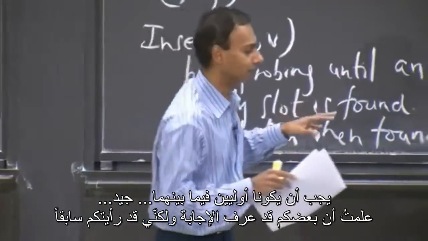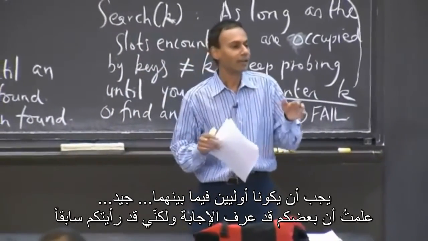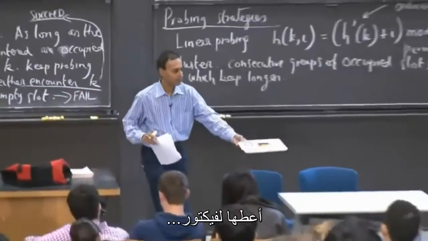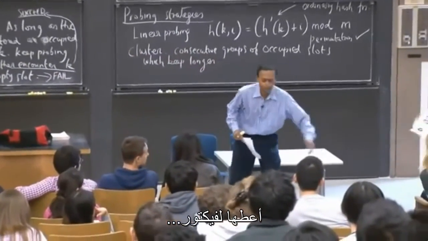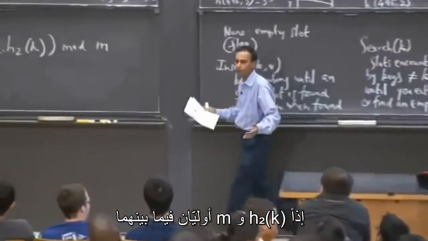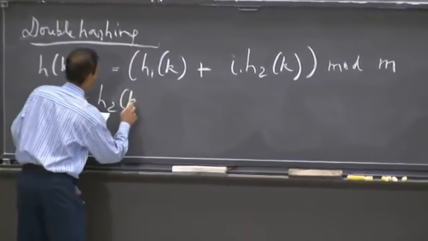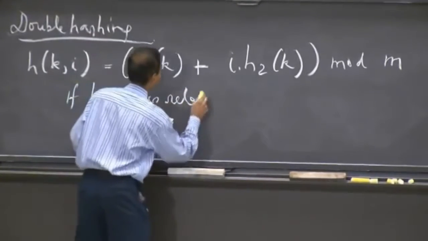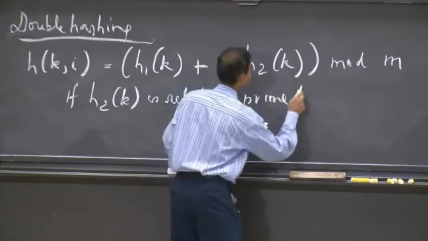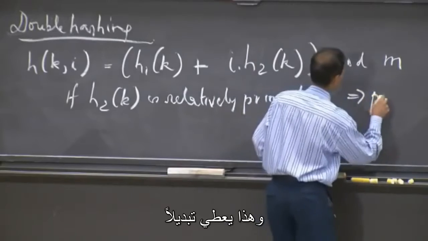Relatively prime. Okay, good. You're exactly right. Relatively prime. So h2(k) and m being relatively prime implies a permutation.